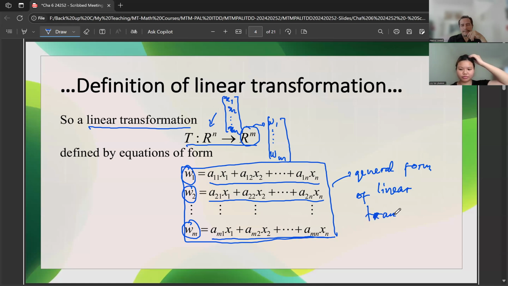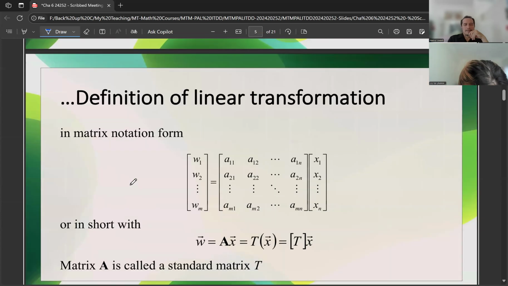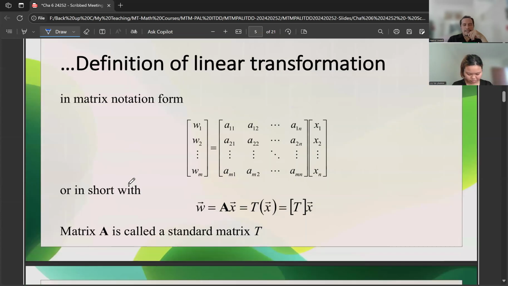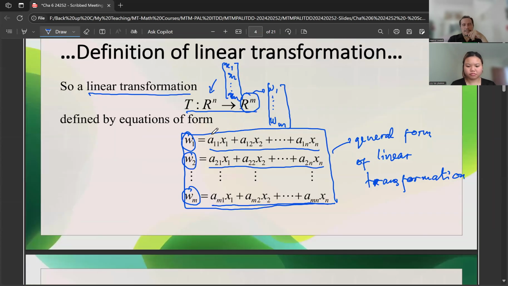By using the general form, we can use matrix notation of the general form. This is easy.